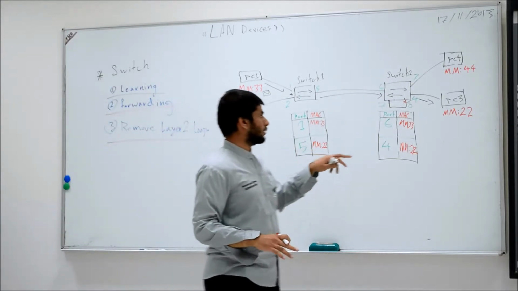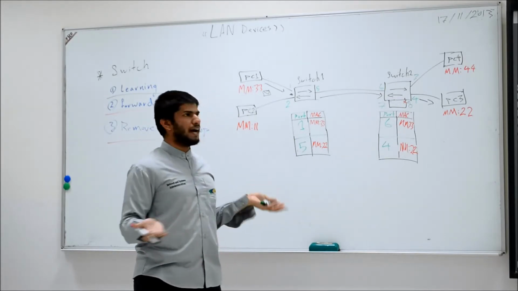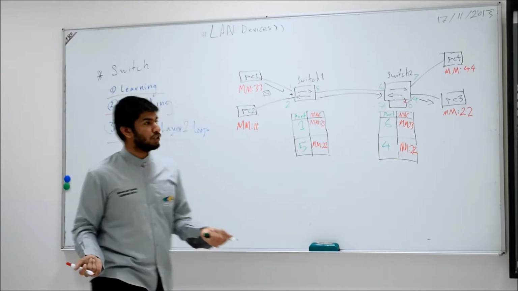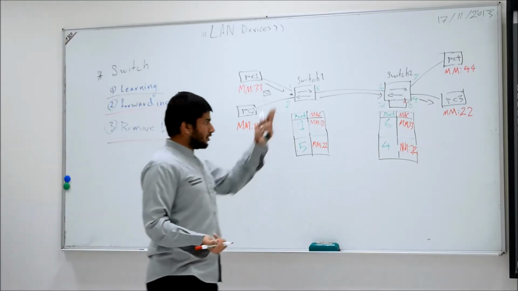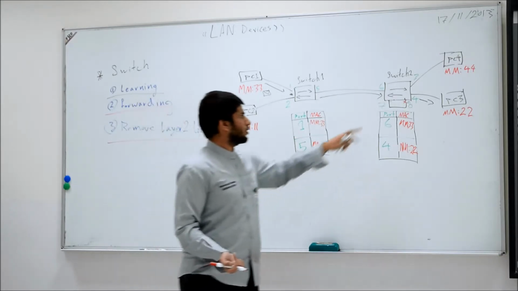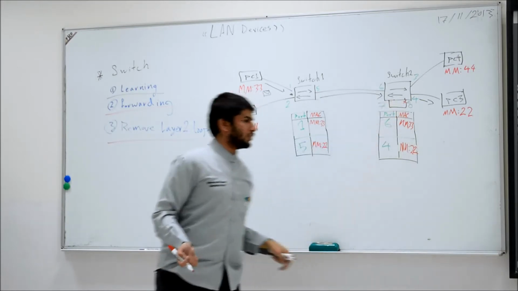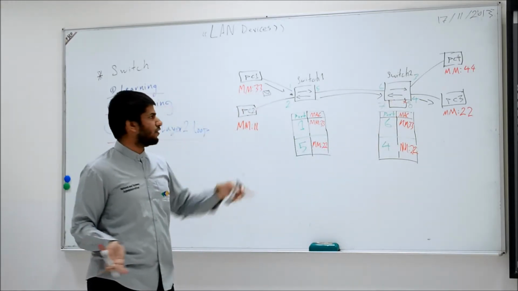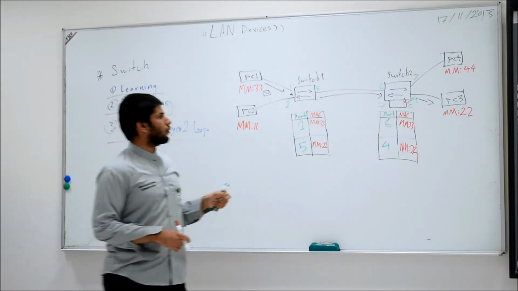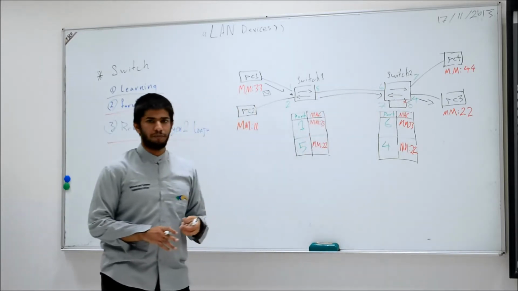The lowest port number we will take as a root port or as a designated port, depending on the root switch. If it is the root switch, we will make it a designated port and close port 8.